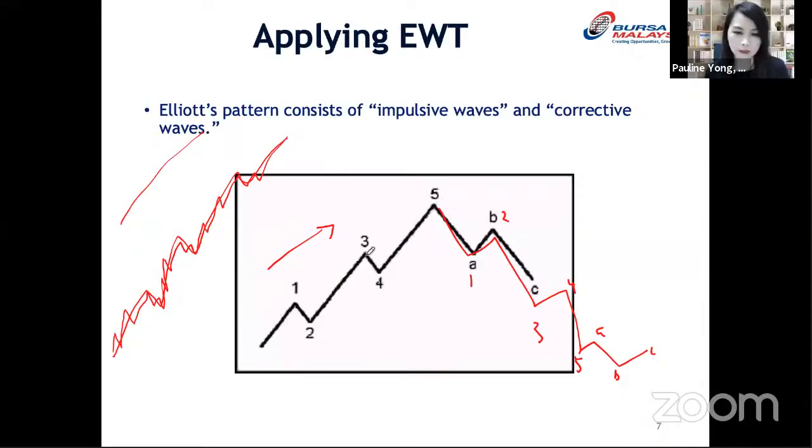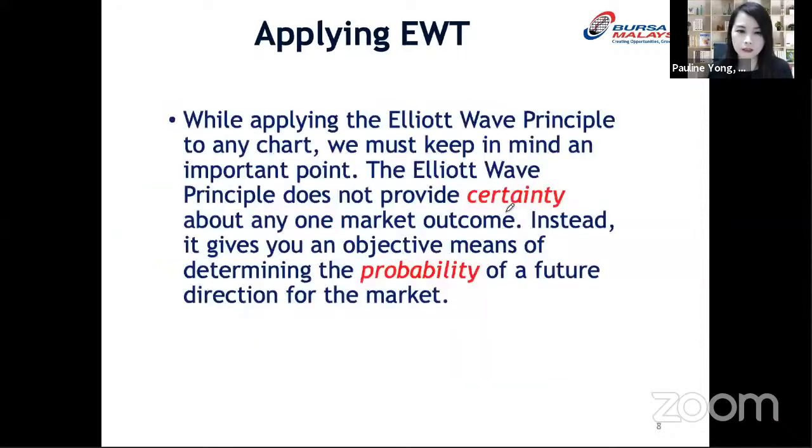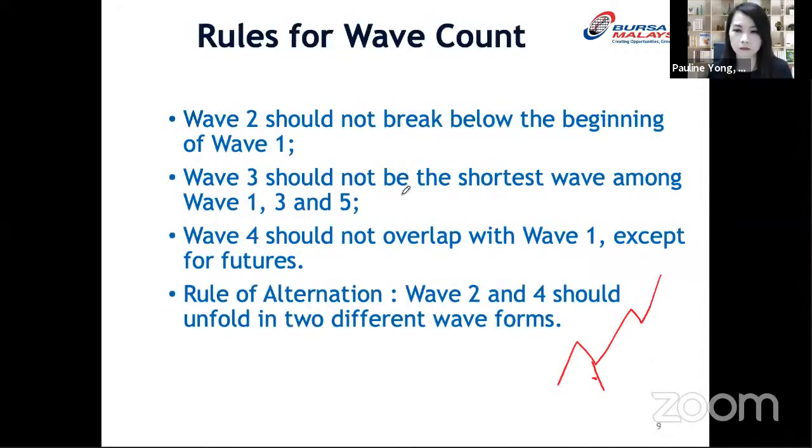What it says here is that wave number 3 cannot be the shortest among these. Okay, can never be the shortest. And these are principles whereby it cannot be violated. So if you count the wave whereby your wave number 3 is very short, shorter than the wave 1 and 5, that means you know that you have counted the wrong wave.